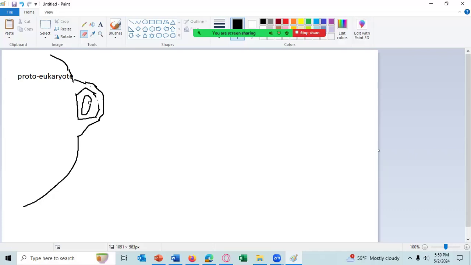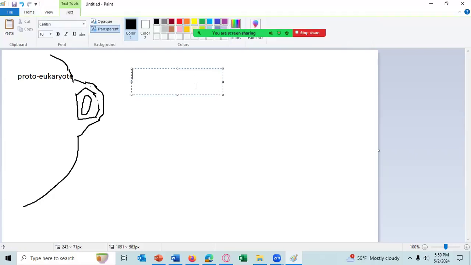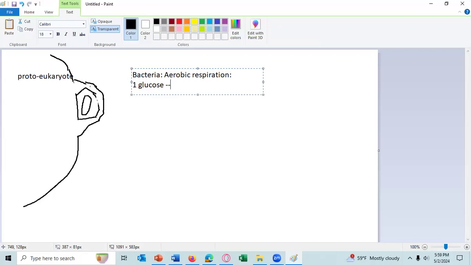Well, this bacteria could engage in aerobic respiration, meaning from one glucose, it could make 36 ATP.